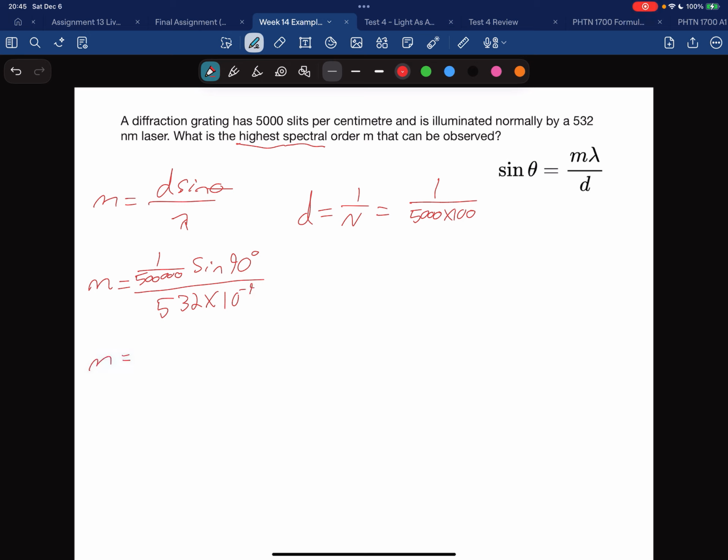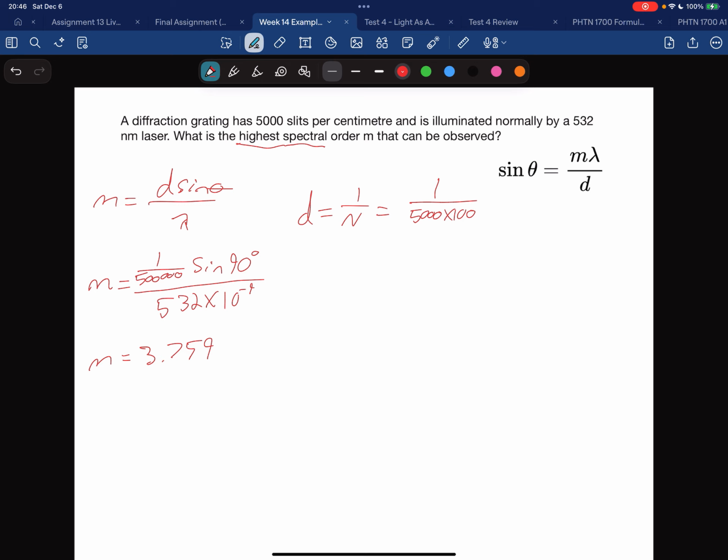And putting this in my calculator, I get 3.759 as my M. The decimal keeps going, but I rounded it off to here.